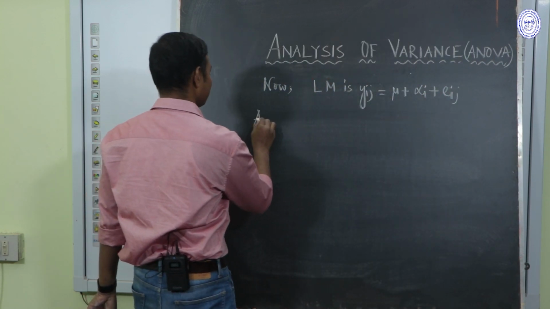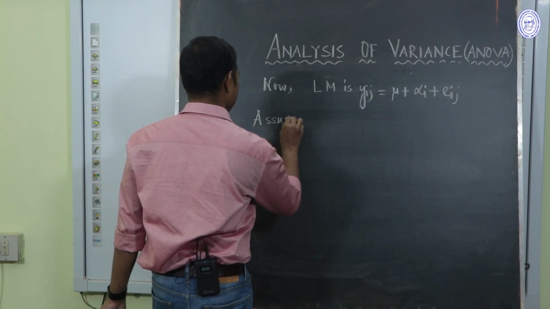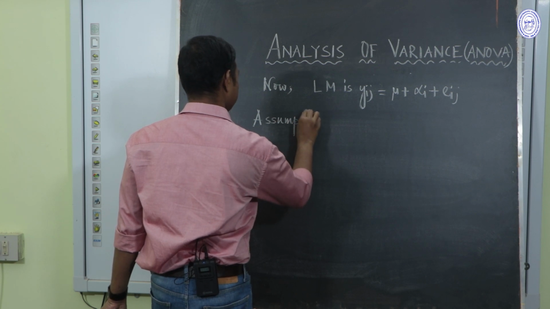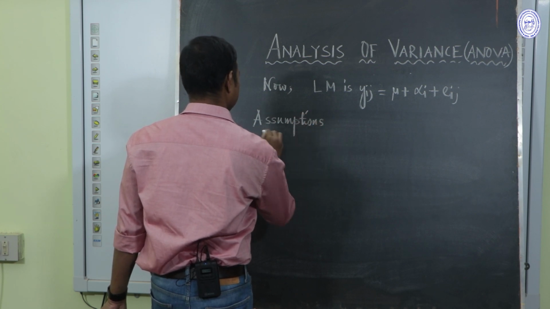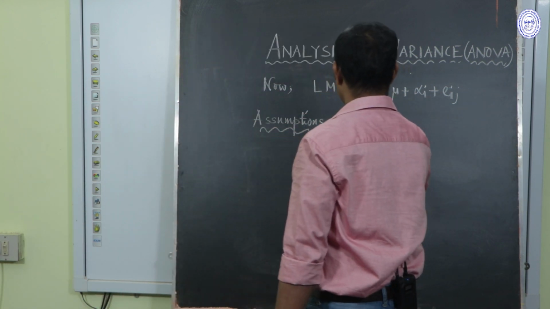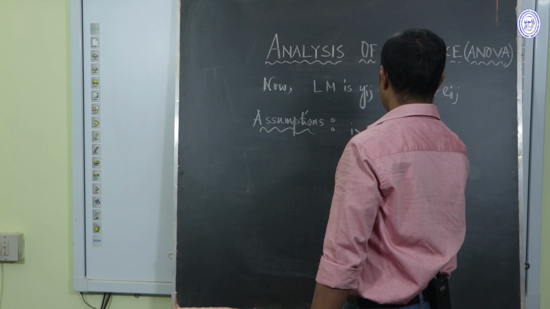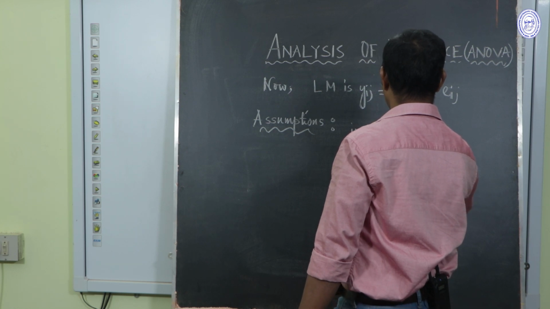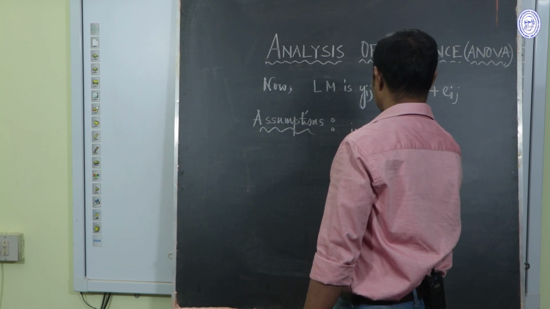Then the assumptions are: first one is summation over i of n_i alpha_i equal to 0.